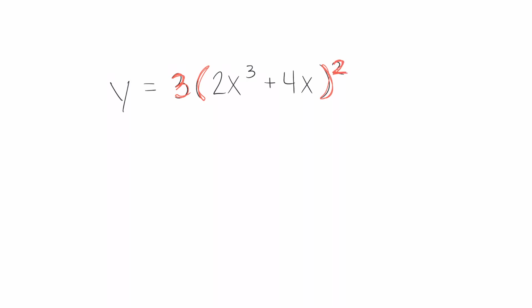What if for right now I just forget my 2x cubed plus 4x? Okay, what is the derivative of this thing? Well, the derivative of this thing is 6 to the 1, right? Because I multiplied my 2 to the 3 and dropped my exponent by 1.